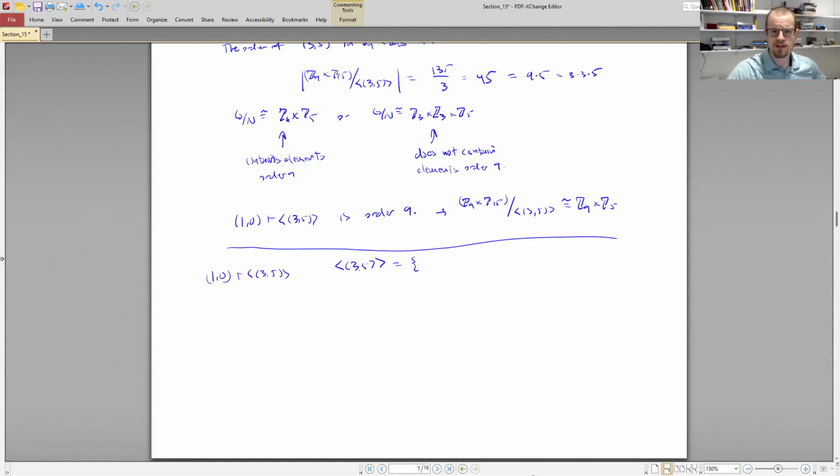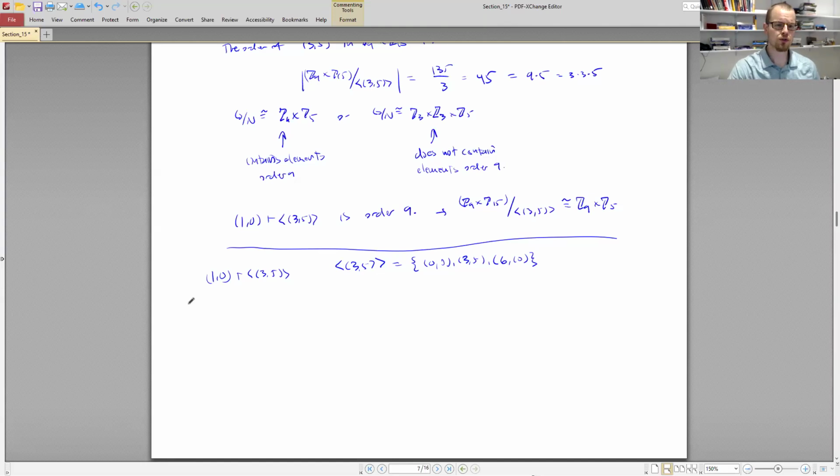And what I want to do is recognize that the subgroup generated by (3, 5) itself is the set (0, 0), (3, 5), and I said it's order 3, so I'm expecting to get exactly one more thing here: (6, 10), and then it would be back to (0, 0). So if I find any one of these things as I'm working through, then I would end up with something that belongs in here and is then 0.